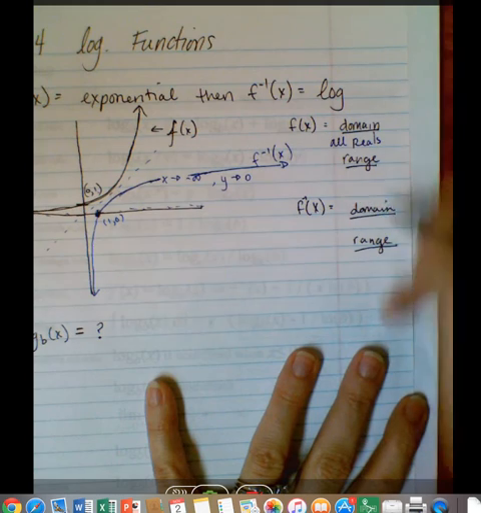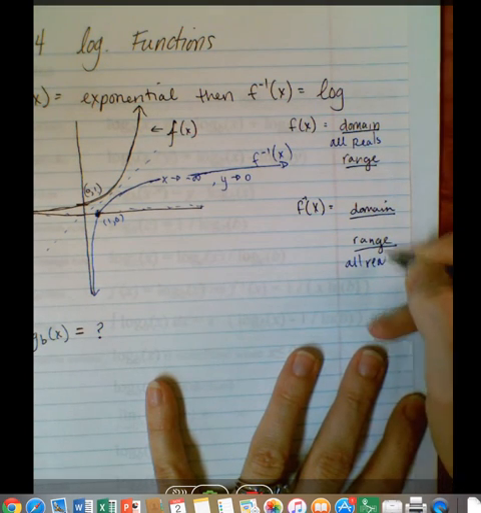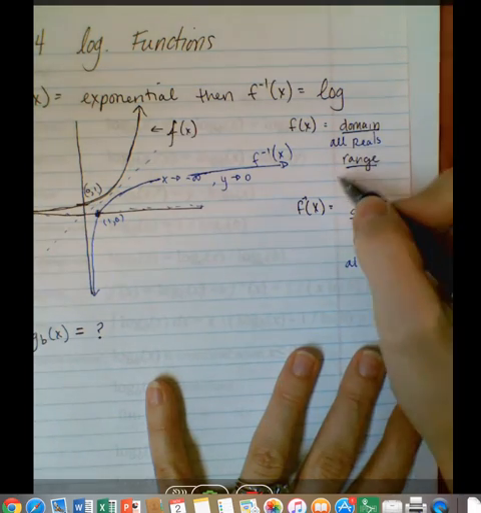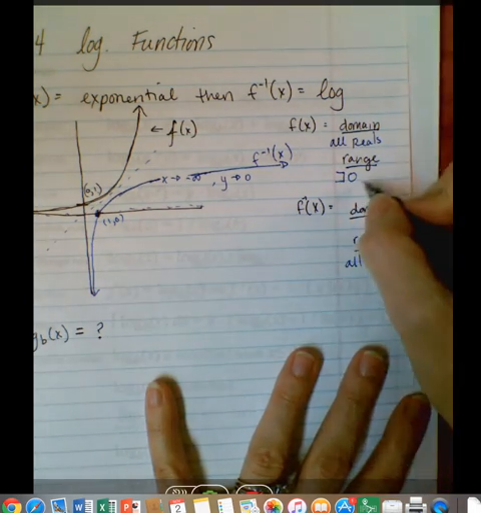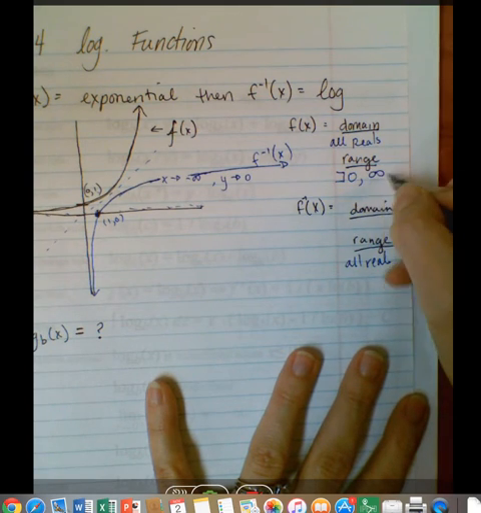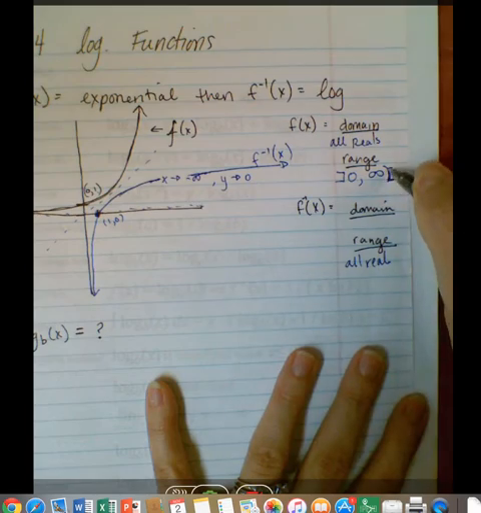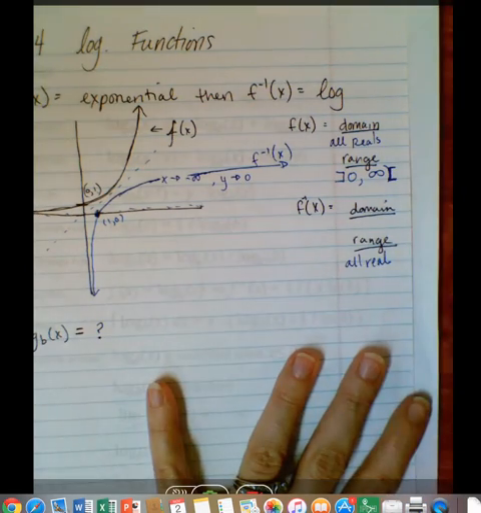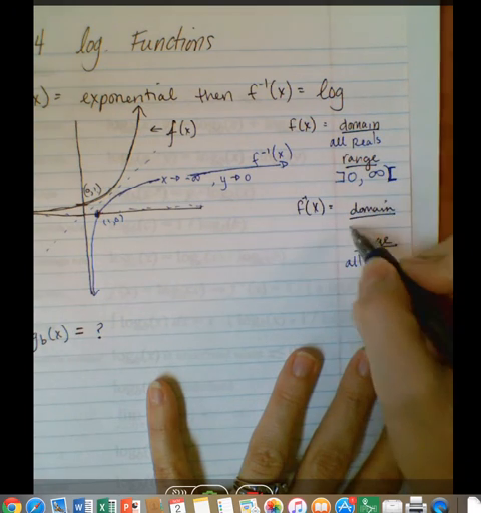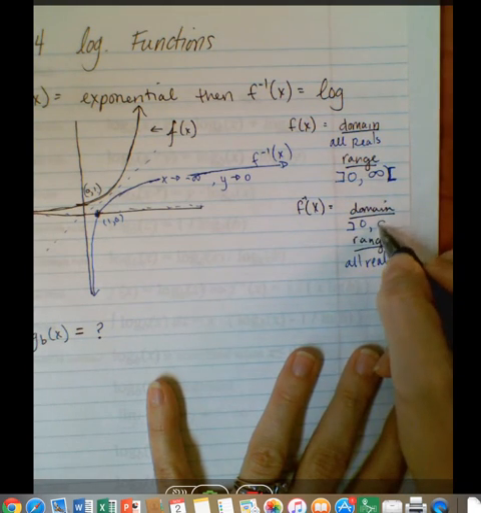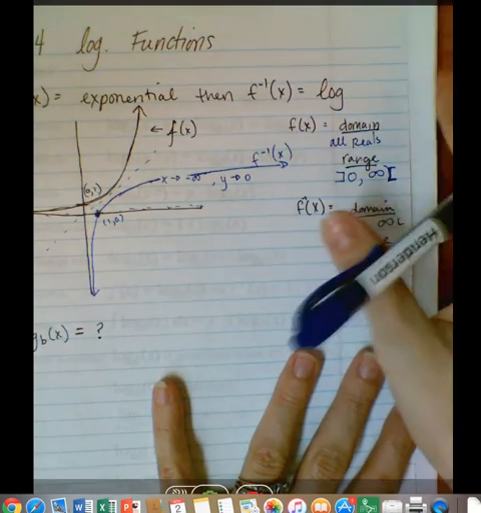So the domain here becomes the range here, all real. The range is from 0, but not including 0, up to positive infinity. And then the domain is going to be what the range was here. So 0, positive infinity. There we go.